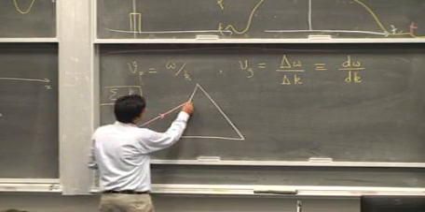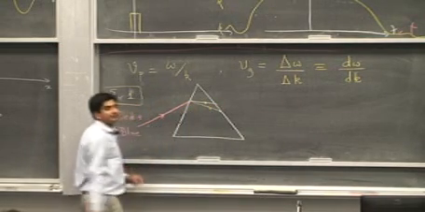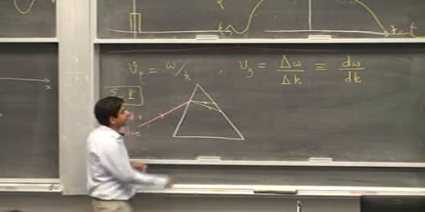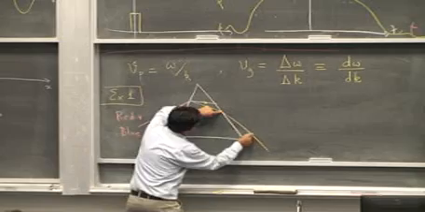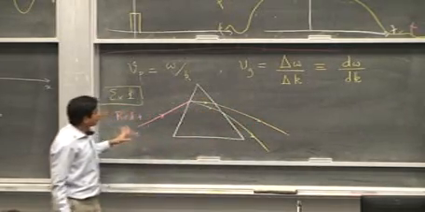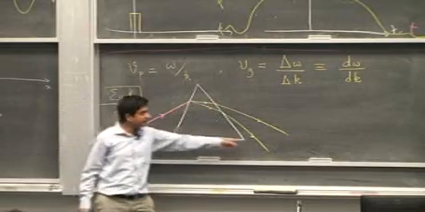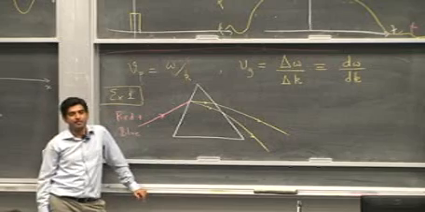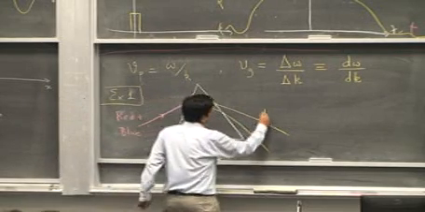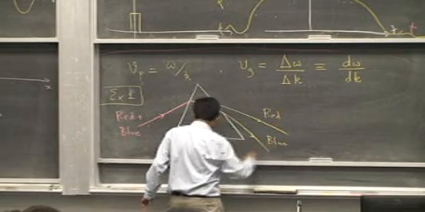So one wave will go like this, the other wave will go like this, and then they will refract differently, and then this wave will come out like this and the other wave will come out like this. So we have resolved the incoming light into two components, and which of these is red and which one is blue? The top one is red, this one is blue.